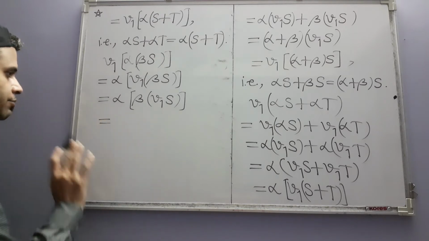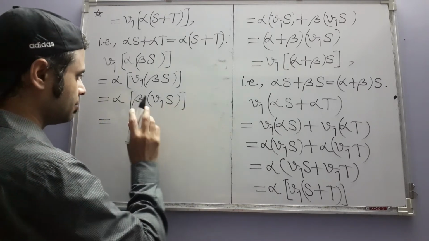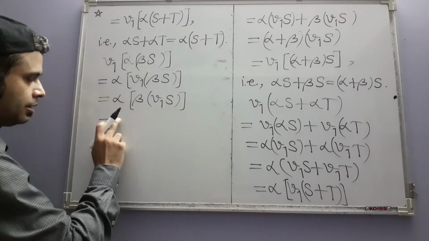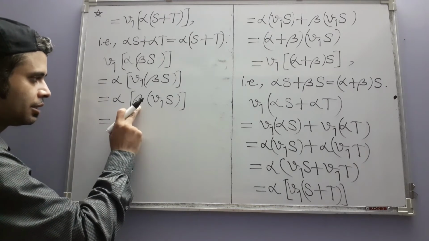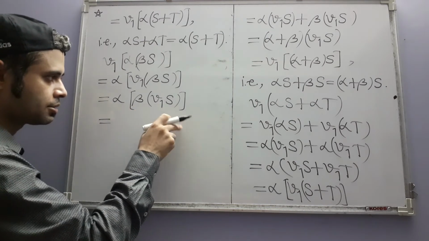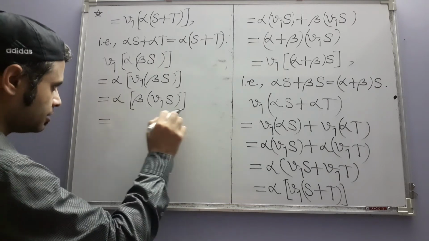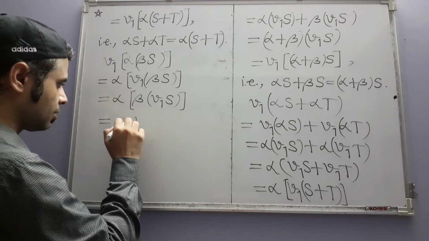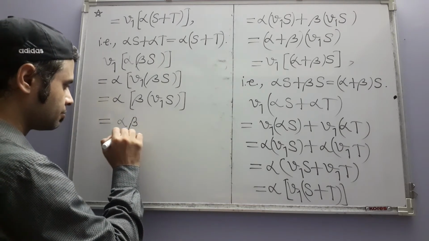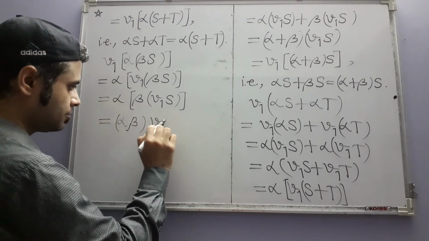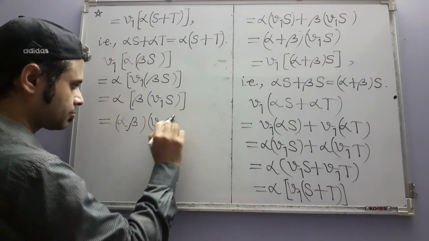Now, using one of the axioms in the vector space W, because alpha and beta are scalars and this V1S is a vector in W, this thing is equal to alpha beta times V1S.